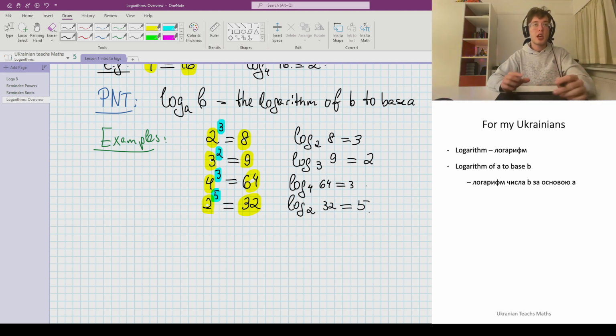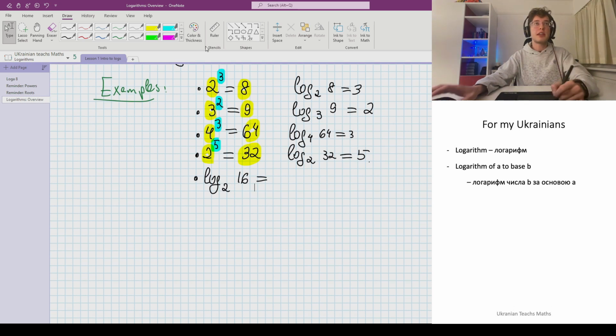Now to do one or several examples of what we are doing if we do not have a power written to us in advance. So say we are to count the log base 2 of 16. What is this thing asking us? Well, again, it's asking us for a power. It's searching for the exponent on the top so that we get the result 16 if we raise this 2 to a certain power.